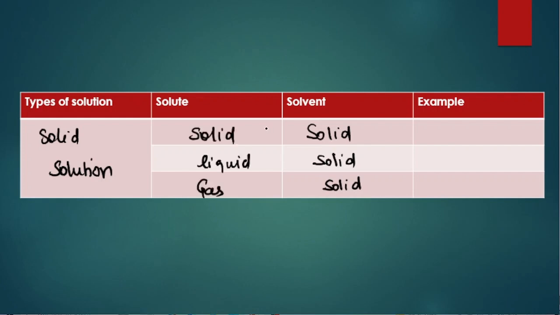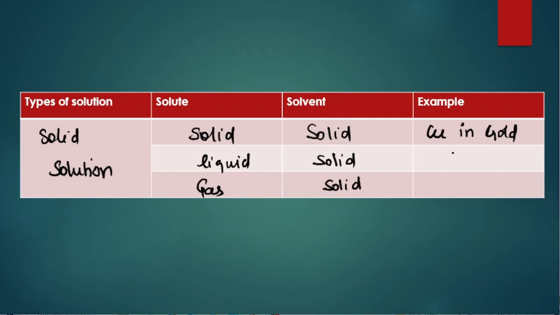Now, for solid in solid, you can give the example copper and gold. When we make gold ornaments, they are not made of pure gold, because pure gold cannot last for a long life. So copper is added. Copper and gold is an example of a solid in solid solution.